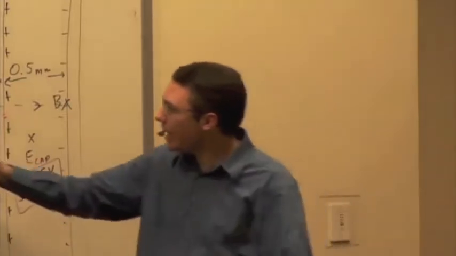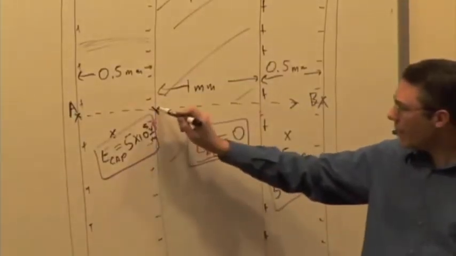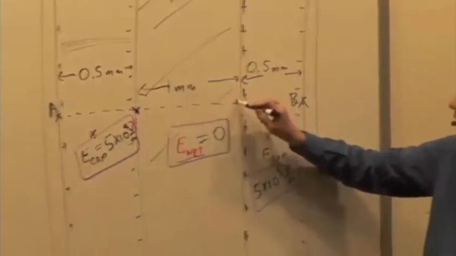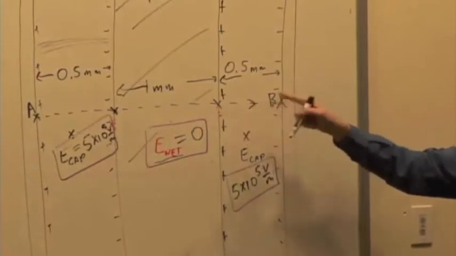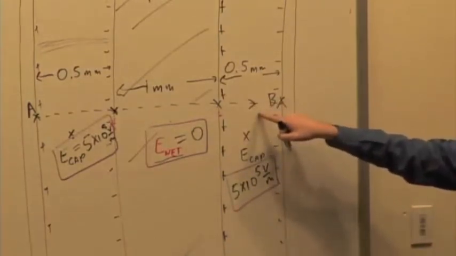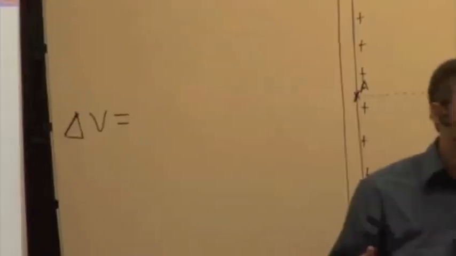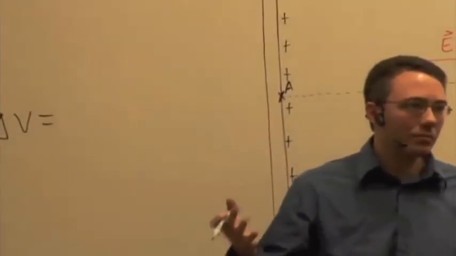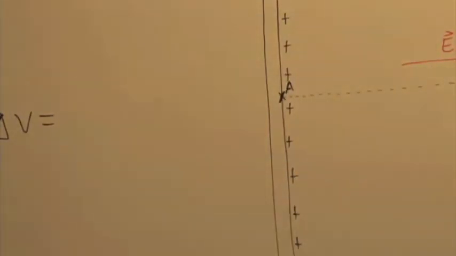From A to this surface, it's 5 times 10 to the 5th volts per meter, but then across this 1 millimeter distance, it's 0, and then it's back to 5 times 10 to the 5th volts per meter again. So how do I find the total delta V? We add them up. We take one at a time, find the delta V across the first region, then across the second region, then across the third region, and add them up.